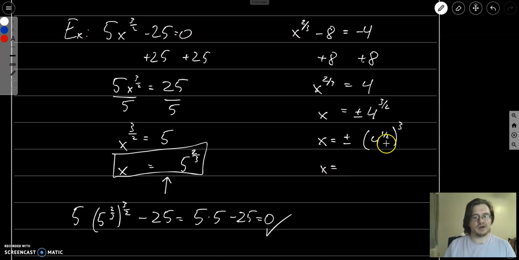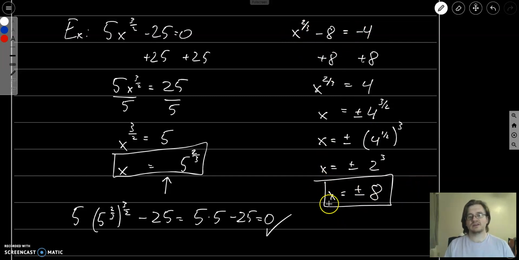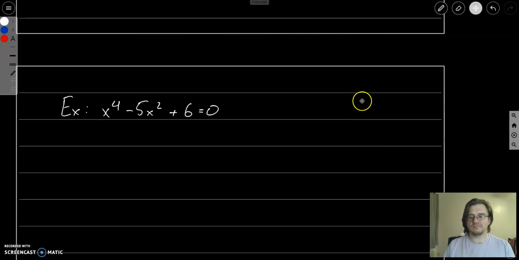And 4 to the 1/2 power, well, that's just the square root of 4, which is 2. And 2 cubed is 8. So this will be plus or minus 8. And you can go back and plug this in and check, and you'll see that they both work out. So x is either 8 or negative 8.